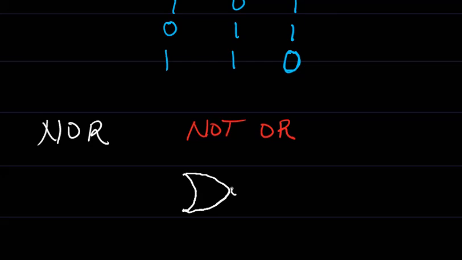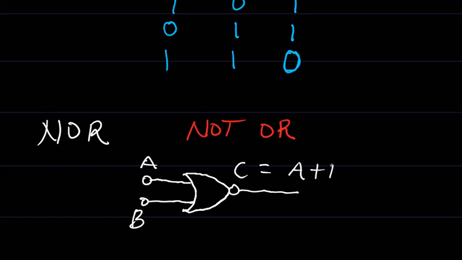This bubble at the output shows that the output is being complemented. This is input A, input B, then the output is A plus B, which is then complemented. The bar on top means not OR.